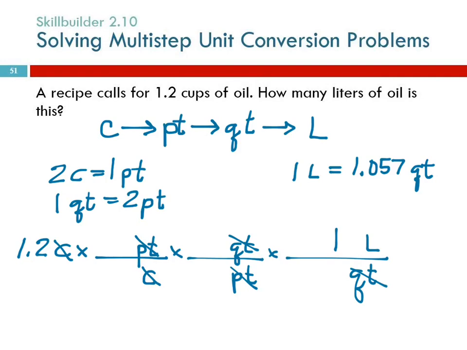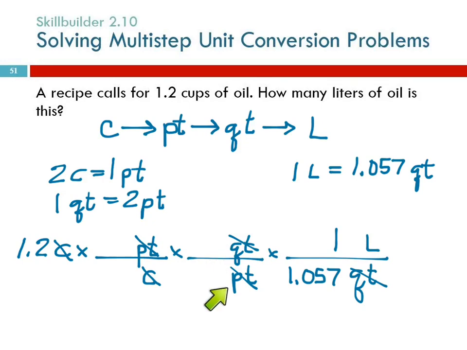We can't put the 1 on the bottom with the quart. It has to stay with the unit that it was with here. 1.057 is with this unit, quart. So then we write 1.057 down there. A lot of these examples have had 1s in the top and numbers in the bottom, but it could be either way. It just depends.